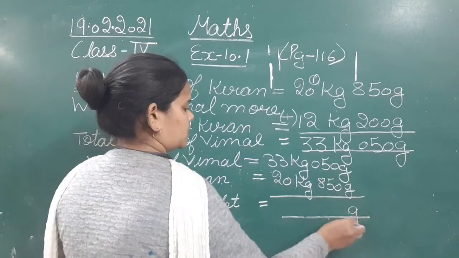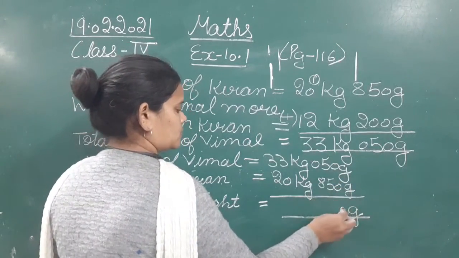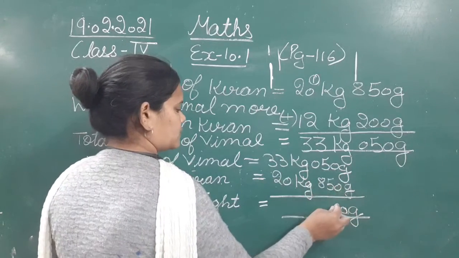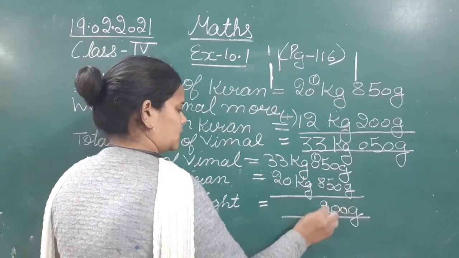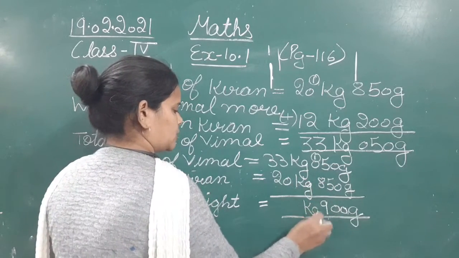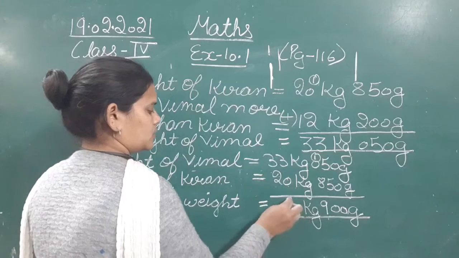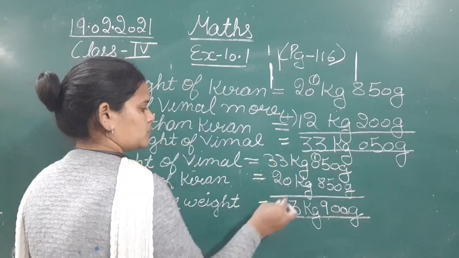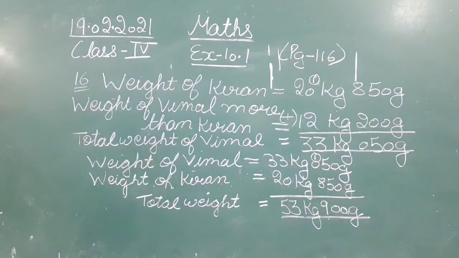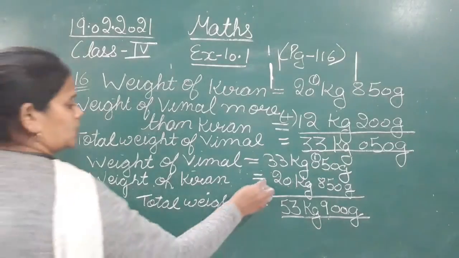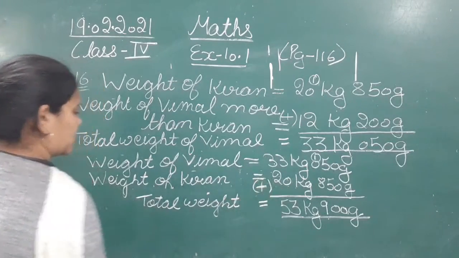Here it will be the gram: 0 plus 0 is 0, 5 plus 5 is 10, 0, 1, 1 plus 8 is 9, and here we will write kg. 3 plus 0 is 3, 3 plus 2 is 5. That is 53 kg 900 grams. So this is the total weight of Kiran and Vimal, and we have calculated it by adding.